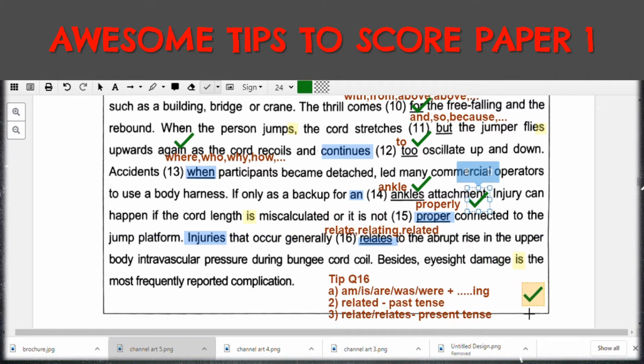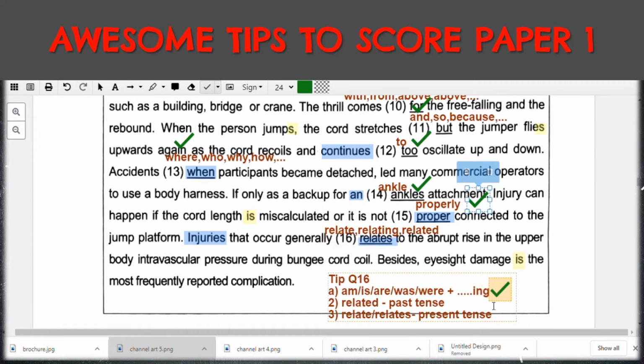However, I have a tip for you to teach you how to answer with your eyes only. If any word with ing, action verbs with ing, in front you must have am, is, are, was, were, followed by ing. Is there any am, is, are, was, were in front here? No, right? Then it cannot be followed by ing.